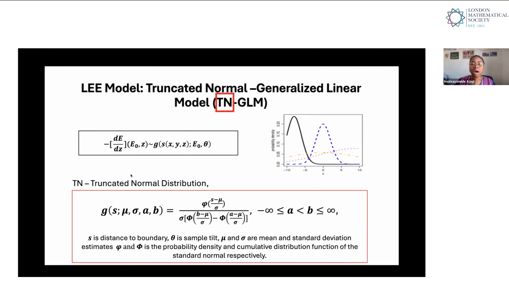Moving on, we have proposed a truncated normal distribution to model the interaction that occurs within the sample, given different shapes and different sample fields when it's been examined with the scanning electron microscope.